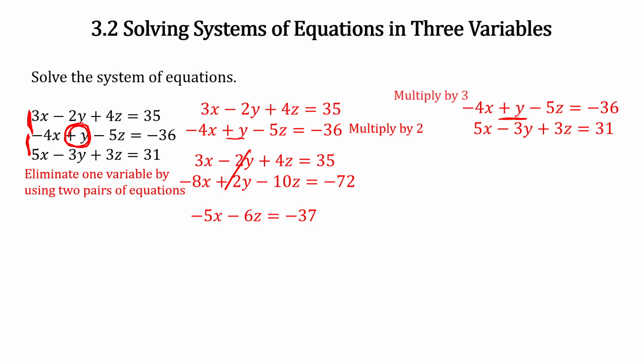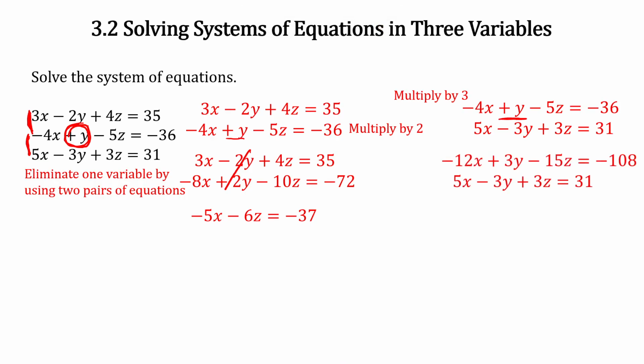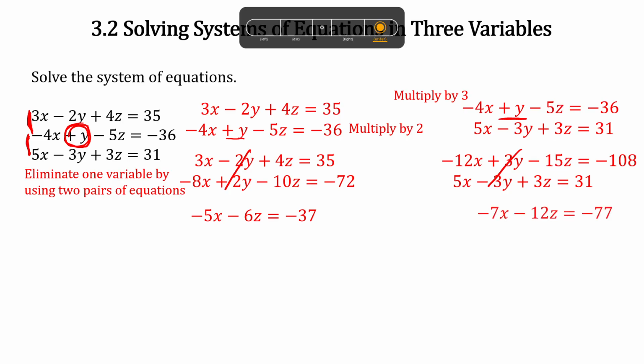So I'm going to multiply the entire top part by 3. So it becomes negative 12x plus 3y minus 15z equals negative 108. So this will be, what, negative 7x. This will cancel out. This will be negative 12z equals negative 77.